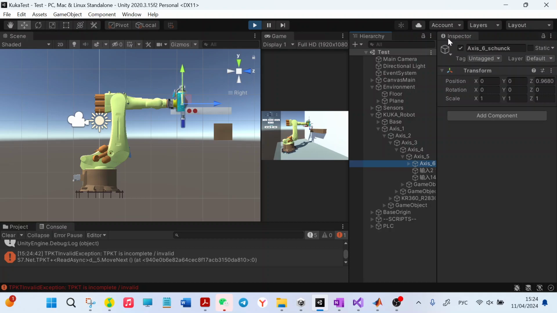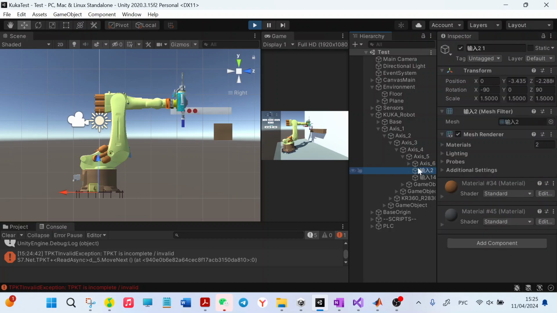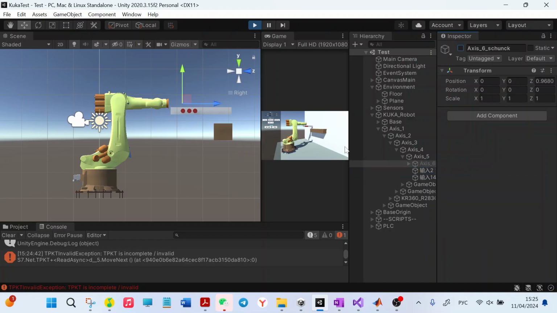Let me hide this end vector. Okay, we'll currently just hide this part.